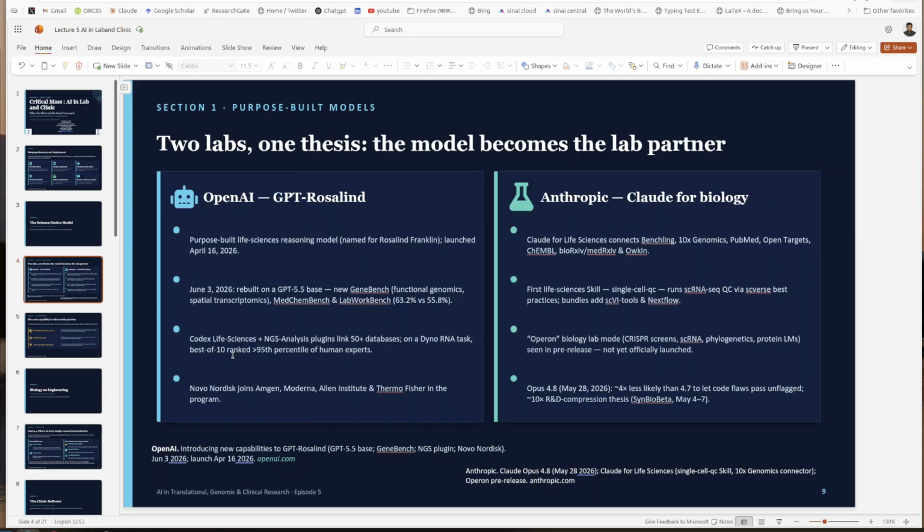And within their Codex, they have added 50 plus databases, and they joined with different companies in the program, including Novo Nordisk, Amgen, Moderna, Allen Institute, Thermo Fisher. I mean, those are big names. Let's go into the OpenAI Rosalind and see what more it has.